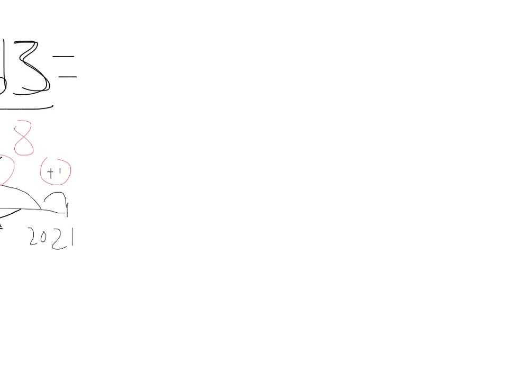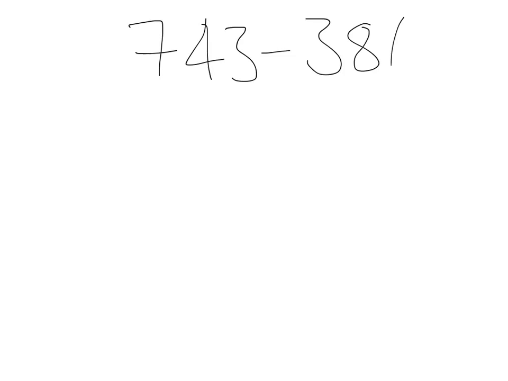Okay, let's look at a slightly more complex subtraction. We will look at the idea that we have numbers greater than 5 to subtract, which get a little bit more complicated. 743, subtract 386.